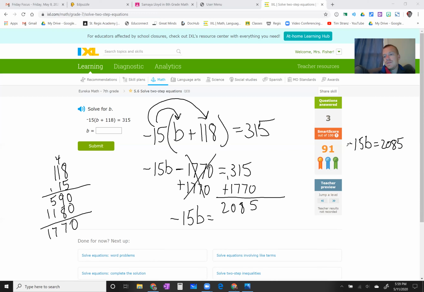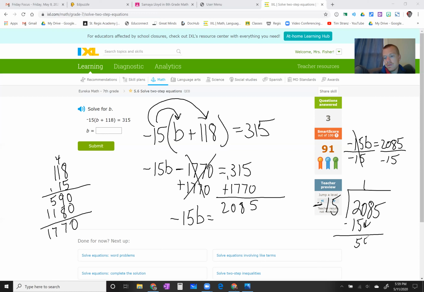Okay, negative 15 times B, so I got to do the opposite of times, which is division. The negative 15s cancel out. 2085, so if I have 2085 divided by 15, and it's going to be a negative, right? 15 goes into 20, we know one time.